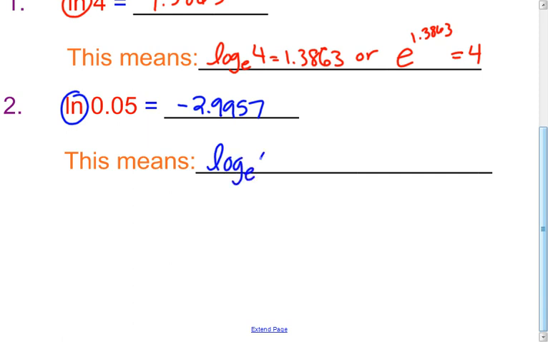So log base e of 0.05 is about negative 2.9957. So that's one way to write it. Or if I switched it from logarithmic form, which it's in, to exponential form, your base would be e, your exponent would be negative 2.9957, and your answer would be 0.05. So I can write those either way.